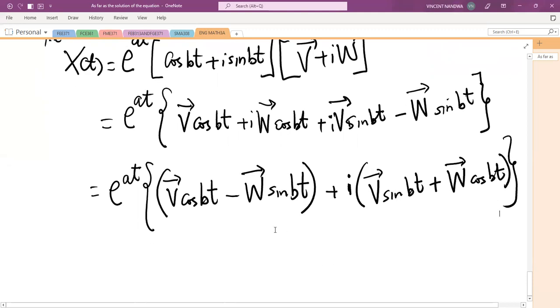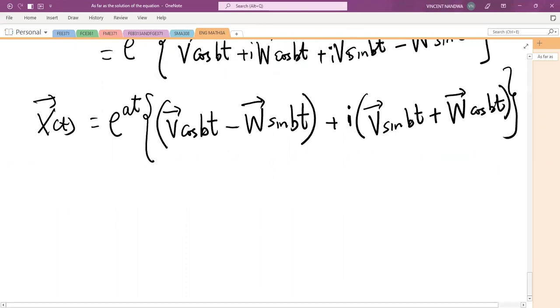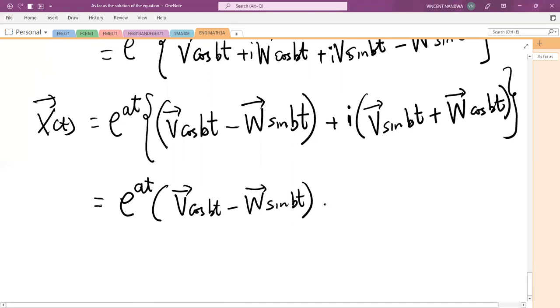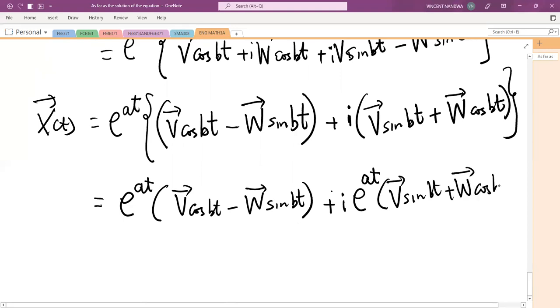So therefore, this is the x value. And then multiplying every term by e raised to power at, we have e raised to power at into v cosine of bt minus w sine of bt, plus i e raised to power at into v sine bt plus w cosine of bt.